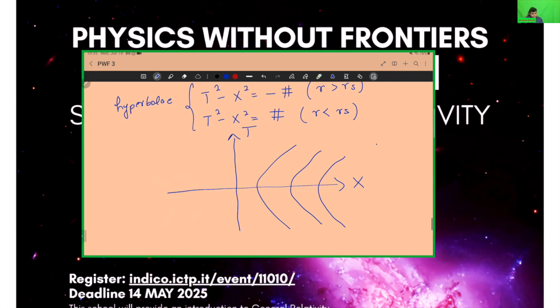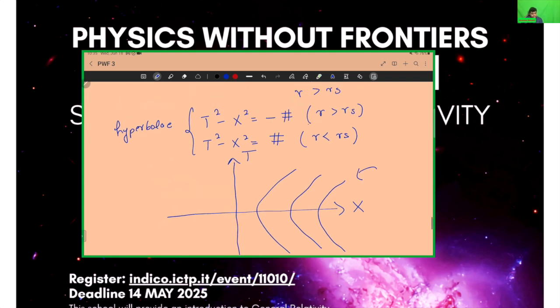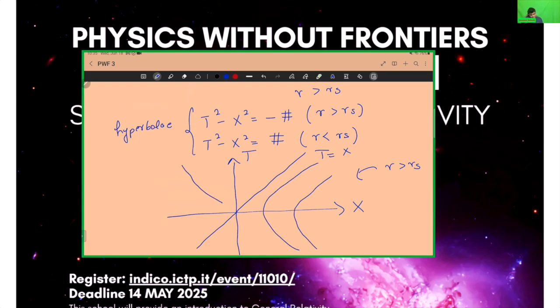So this happens when this constant is negative, which means r is bigger than rs. So for r bigger than rs, these are the constant r curves. And this is the line t equals x. I should make better drawings here. And this is the line t equals minus x. So they are becoming asymptotic to this particular set of lines.